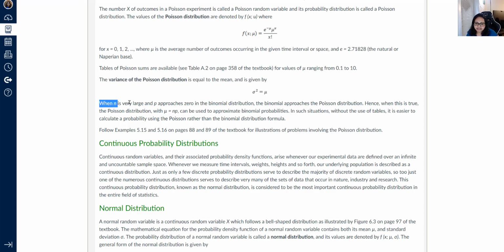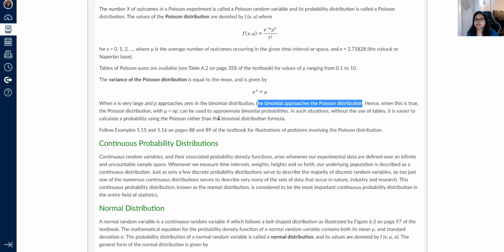You will see that there is a generalization, or a convergence, whenever the sample size is really large but the probability approaches 0. That means it is really low. Sample size large, probability really low. Then the binomial distribution approaches the Poisson distribution.